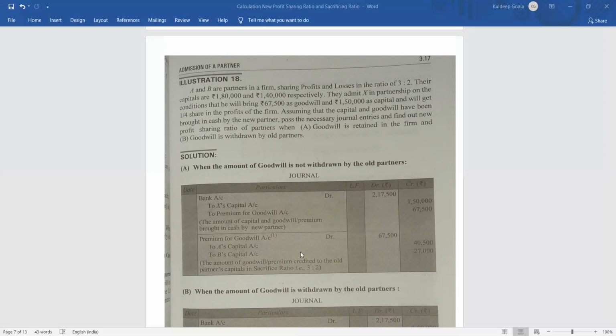But before going to that, let me give a quick introduction of premium for goodwill. I have already explained that to you, but I'm going to repeat once again. So what does premium for goodwill mean? Premium for goodwill actually refers to the amount of money that a new partner is going to pay for taking a share of goodwill in the new firm.